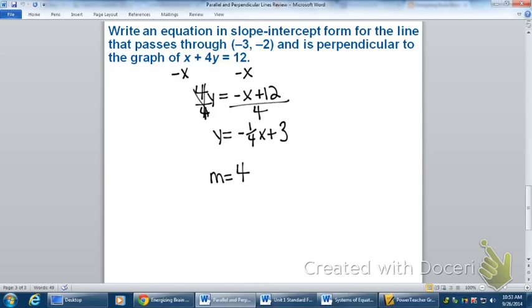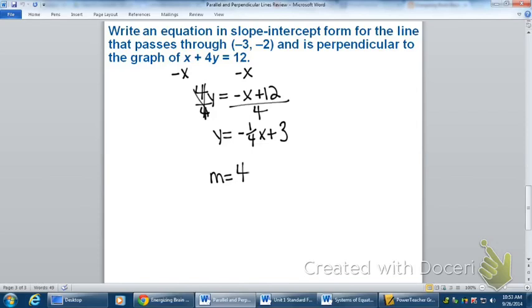We need to plug in our point so that we can find our y-intercept for our new line. If we have our slope and our coordinates, we're just going to plug them in.